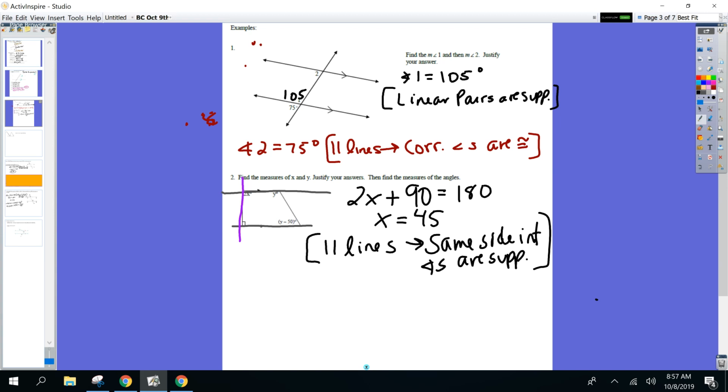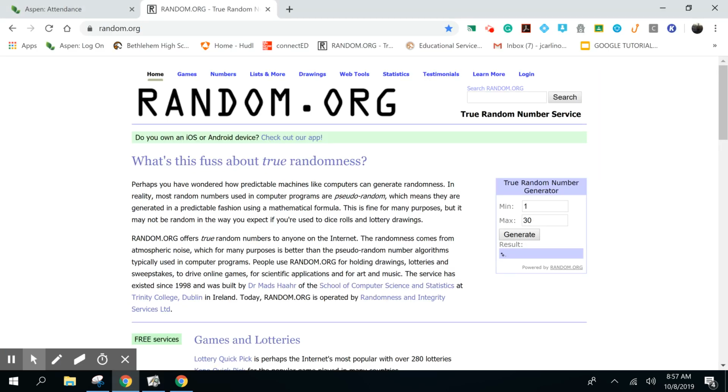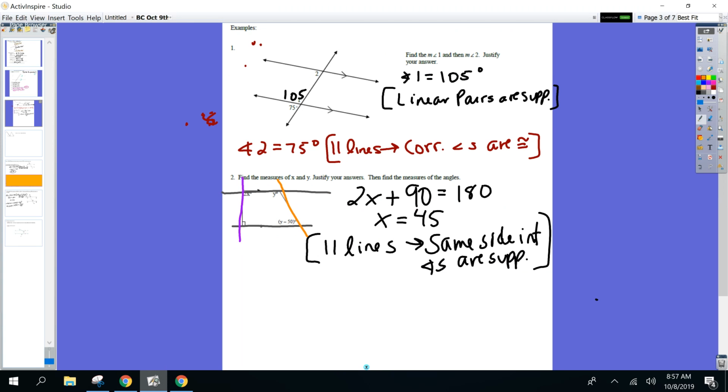All right, now let's go on the other side. Here's the transversal here. Don't yell it out. What type of angles are the y and the y minus 50 now? Now use your orange transversal here. The y and the y minus 50 are what type of angles for us? Again, they're same side interior. And what's the rule? Are they congruent or supplementary? Nice, John.